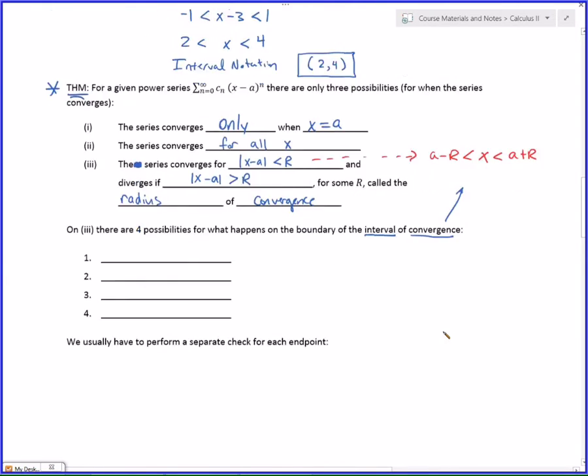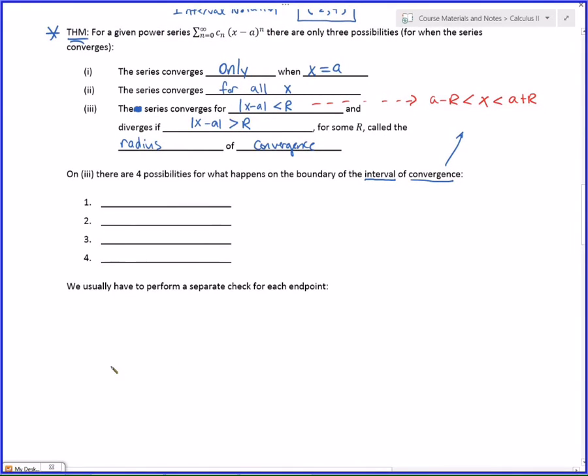Down at the bottom of the page, before I write in 1 through 4, draw this picture for me. Think of the real line, right? This is all real numbers. Put A at the center. Now what I'm going to do is go some distance out from A equally in both directions. So this distance here is R, and I'm also going to go this distance here.